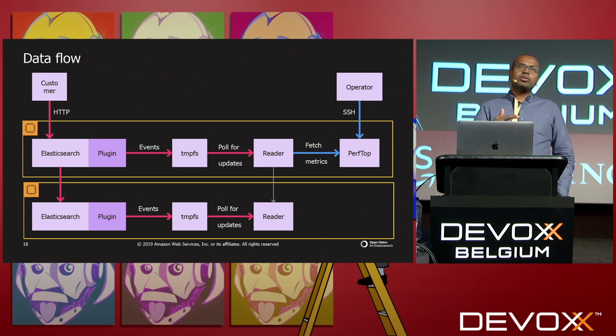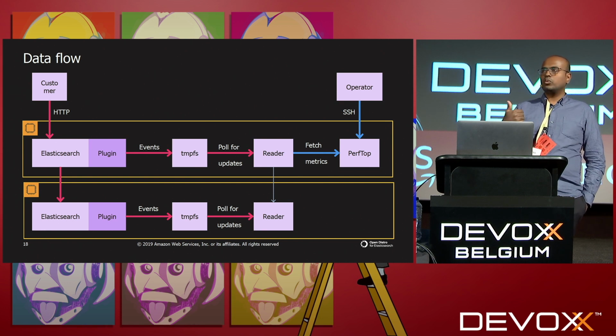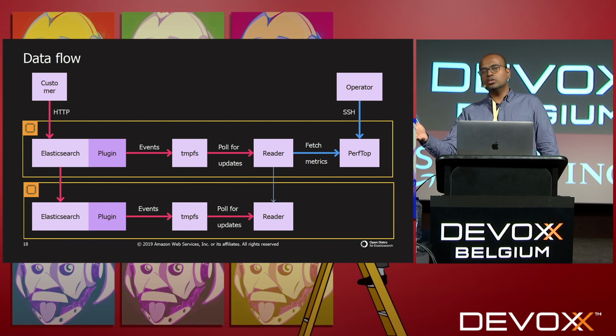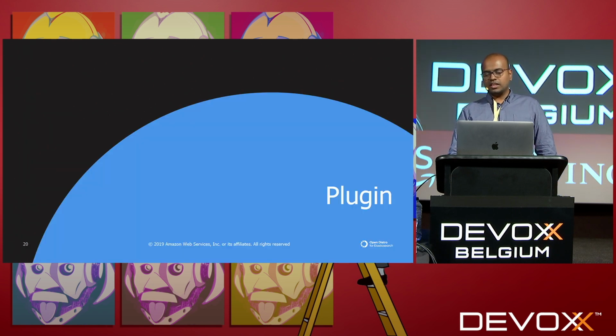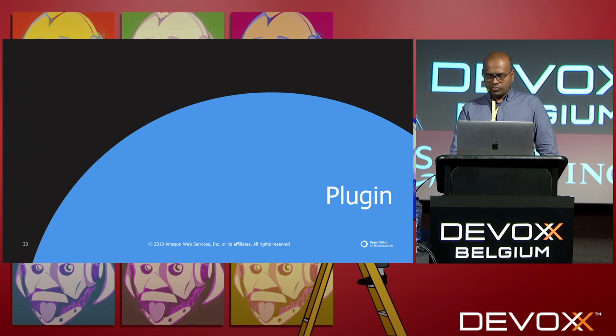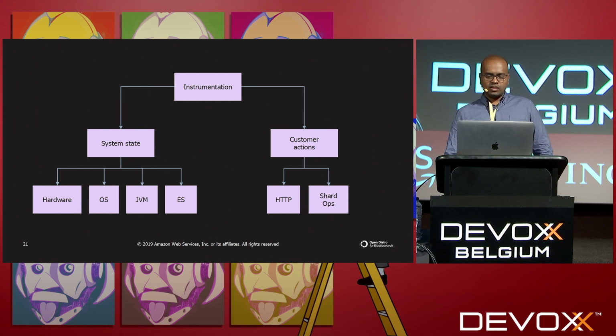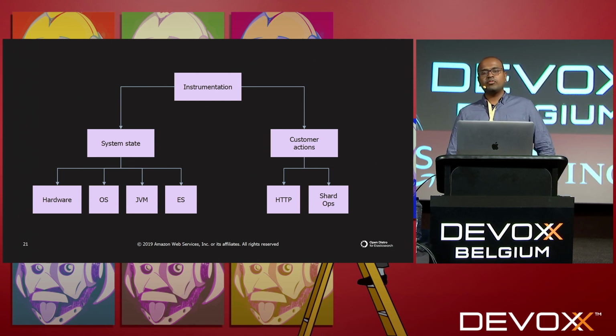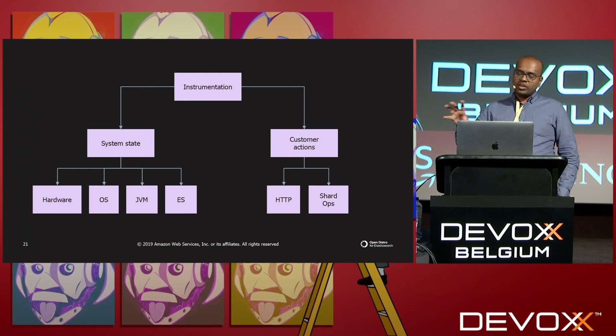We also support a feature where a single request to the reader can fetch metrics from all the other nodes that have the reader process running. And these are then sent back to the PerfTop visualization tool.